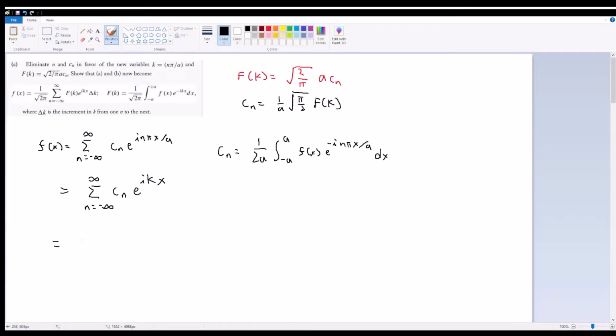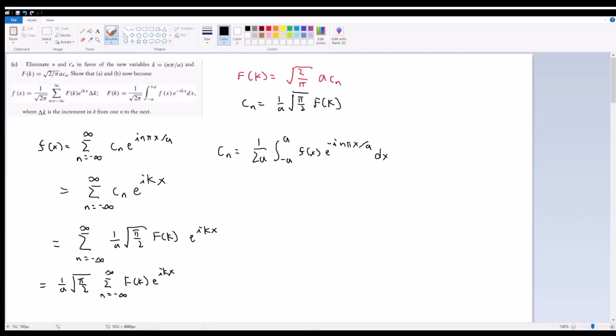This is going to give us a summation from n equals negative infinity to positive infinity of 1 over a times square root of pi over 2 times f of k multiplied by e to the ikx. If we just move everything out of our summation, then we have 1 over a square root of pi over 2 times the summation from n equals negative infinity to positive infinity of f of k times e to the ikx.